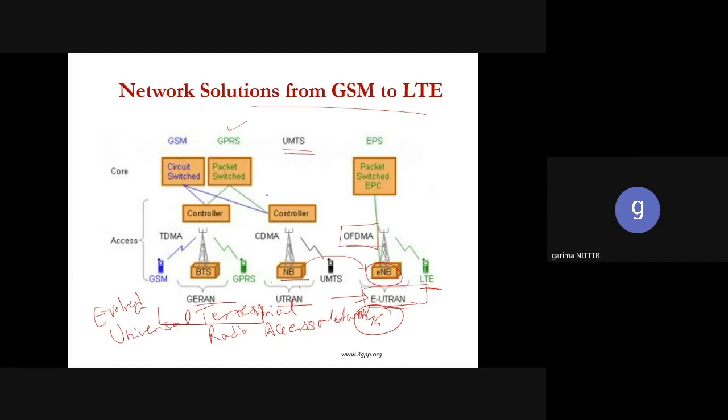Now, what was the controller part and the core network part, the name given in 4G was EPC, Evolved Packet Core Network, or Evolved Packet System. So it is defined that we have a modified or evolved Node B or BTS, and then we have a modified packet system or core network system, which is there for 4G communication.